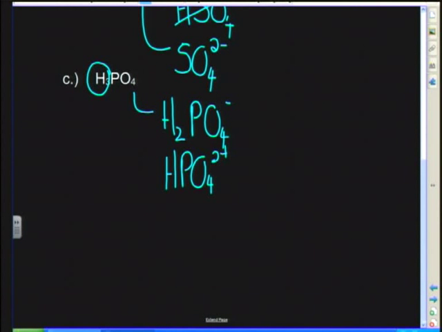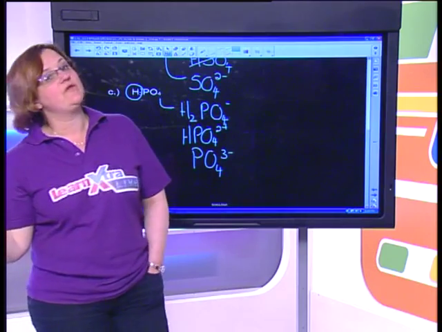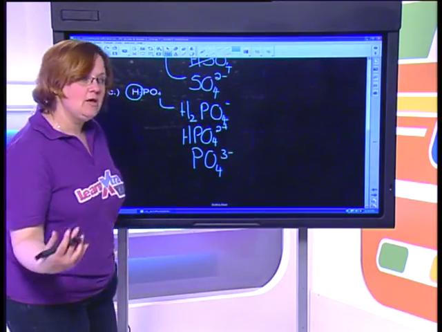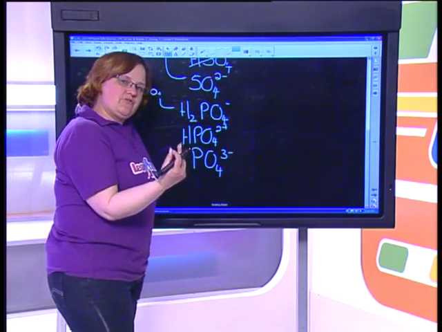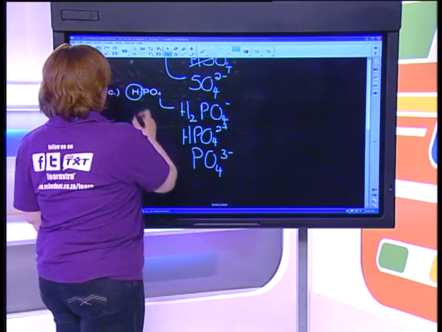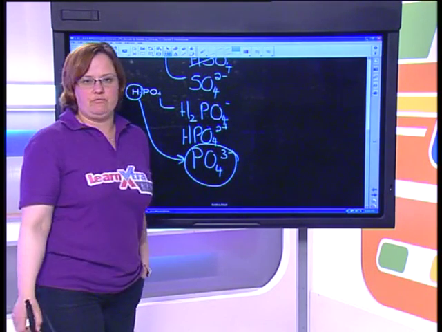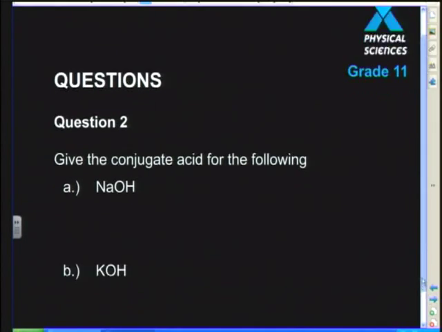If it gives away 3, it becomes PO4 3 minus. Every time it gives away its hydrogen, it becomes more negative because it's giving away positives. In reality, when we react phosphoric acid with something, it's probably going to give away all 3 of its hydrogens and become PO4 3 minus. So now we go, okay.